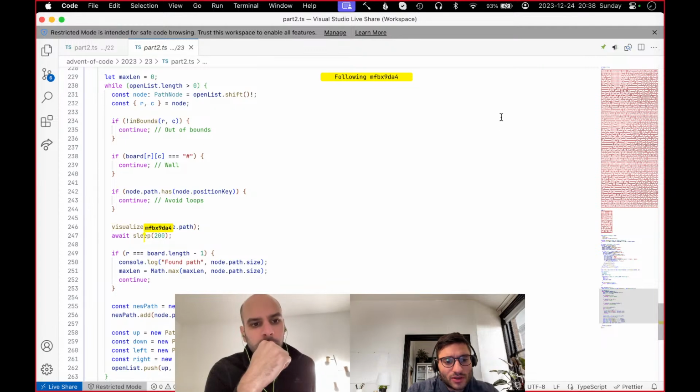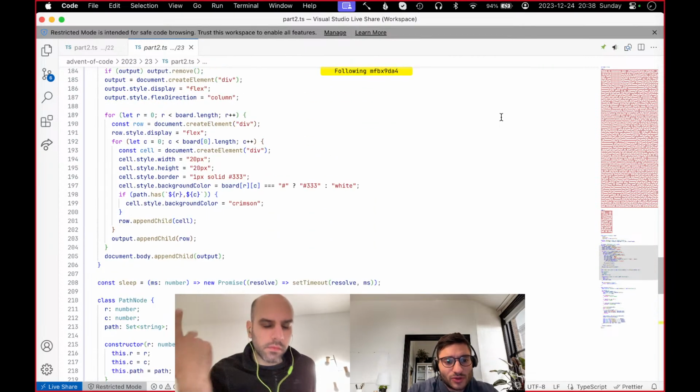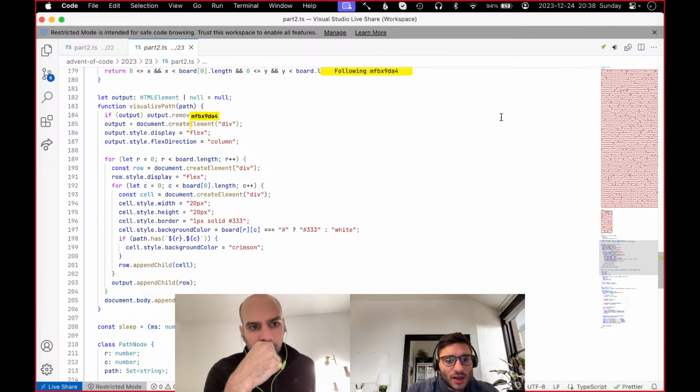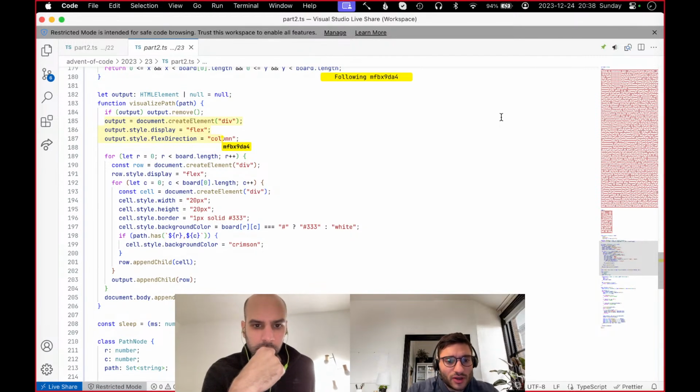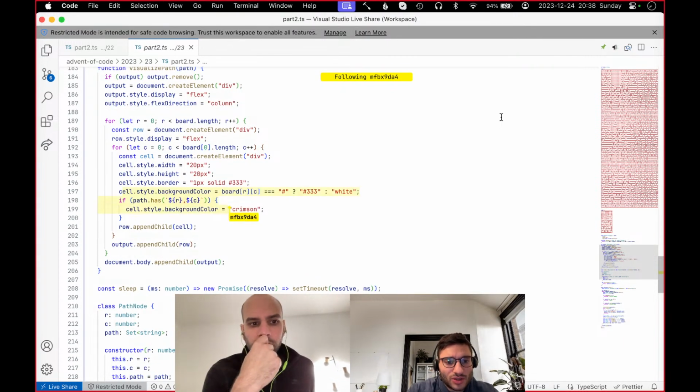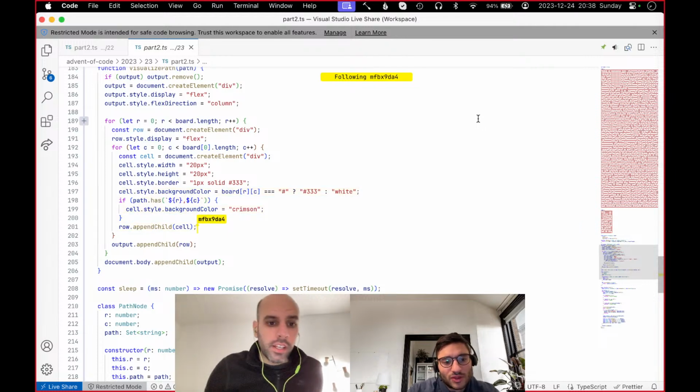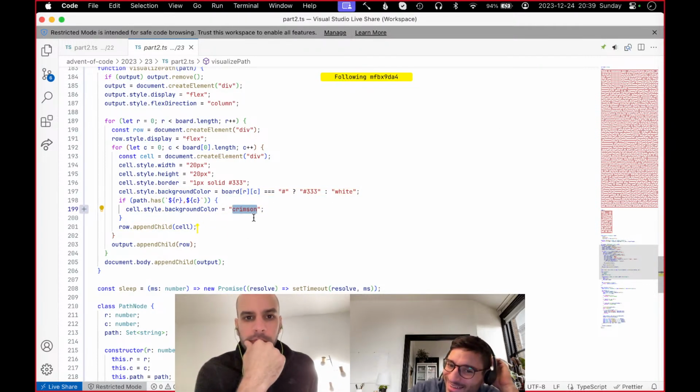Just call visualize path and then sleep for 200 milliseconds so that it's visible. And I just replace this HTML element every time. Redraw the whole thing. It's just a div containing rows, which I just build each time, and then I just change the color based on the rows. Using your favorite color. Awesome. Yeah, exactly.